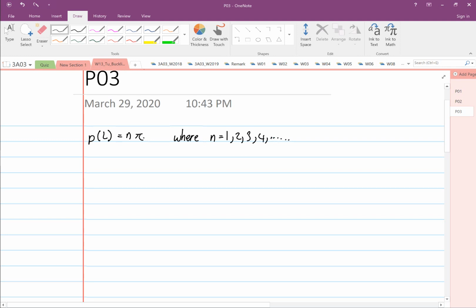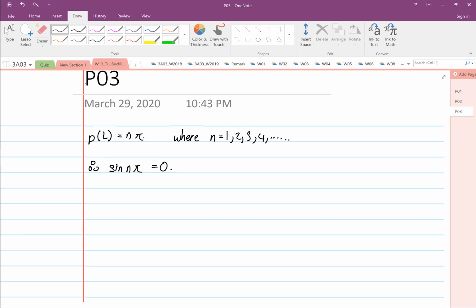Therefore sine of n multiplied by pi will be equal to 0.